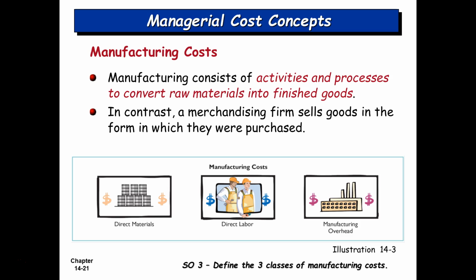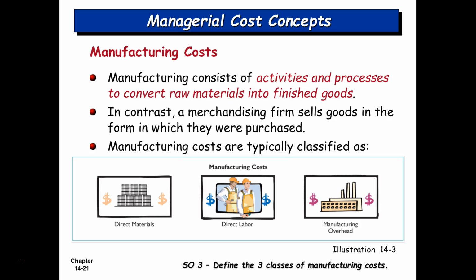So when we talk managerial accounting, we need to talk about manufacturing costs. And typically, manufacturing costs are broken down into three categories: direct materials, direct labor, and manufacturing overhead. We're going to define those over the next couple of slides.